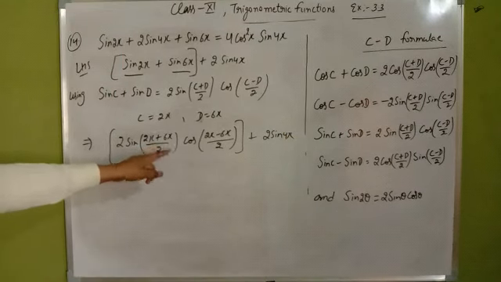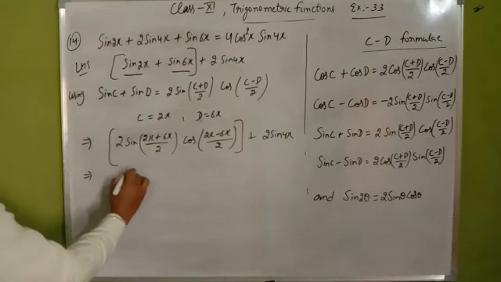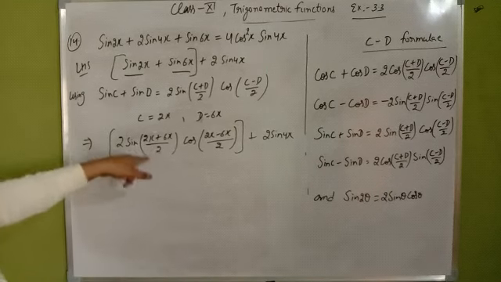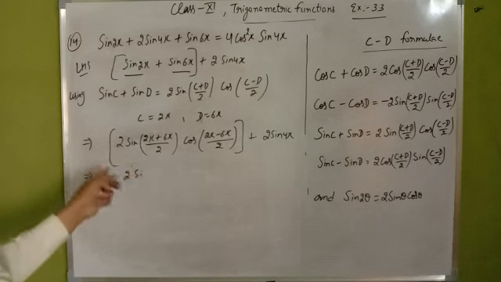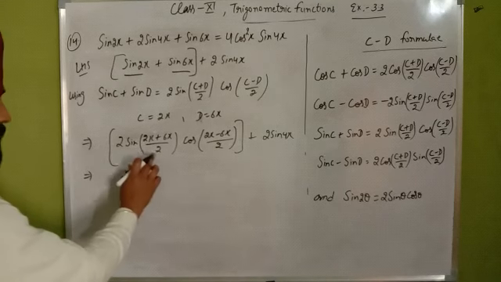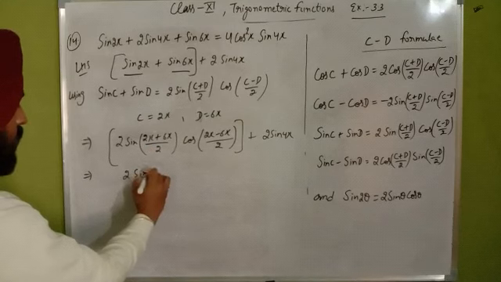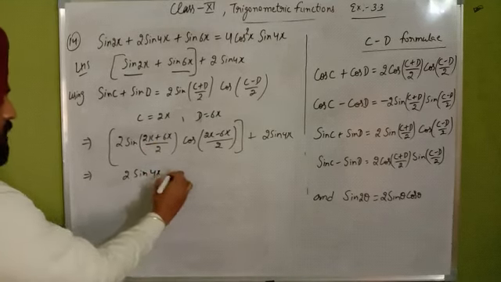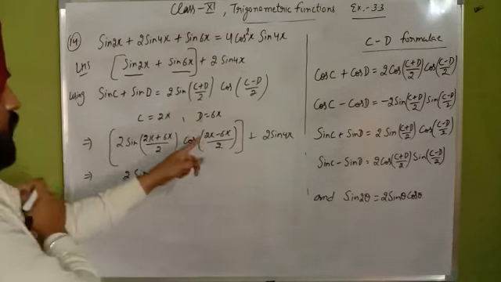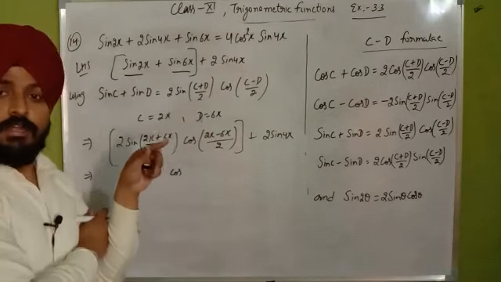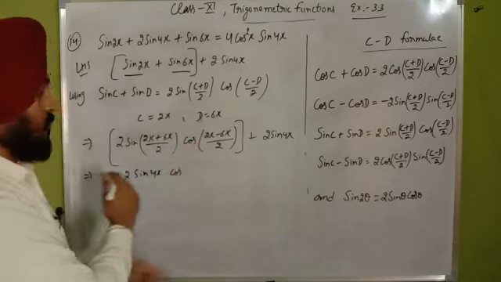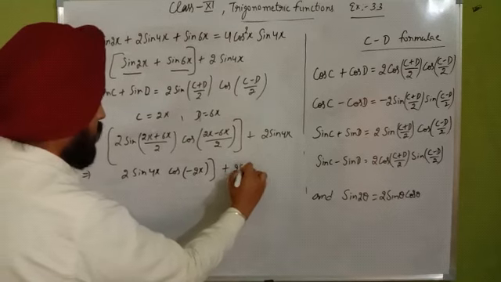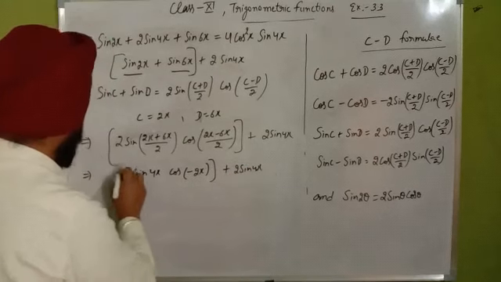Now add the values there. It implies 2 sine, you cannot cancel this 2 with 2. This is the half of the angle, not the half of the whole trigonometric function. Clear? So keep remembering, this is the half of the angle. Sine of 6x plus 2x, 8x upon 2, that gives you 4x, into cos of 2x minus 6x, which gives you negative 4x, negative 4x upon 2, that gives you minus 2x, plus 2 sine 4x as it is.